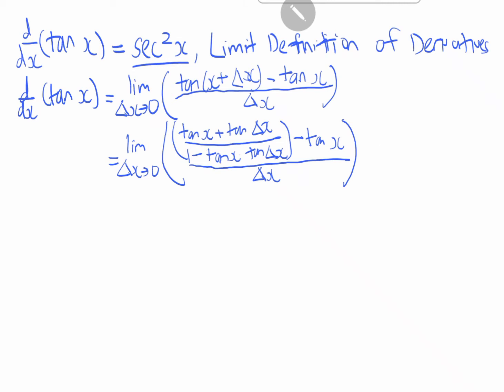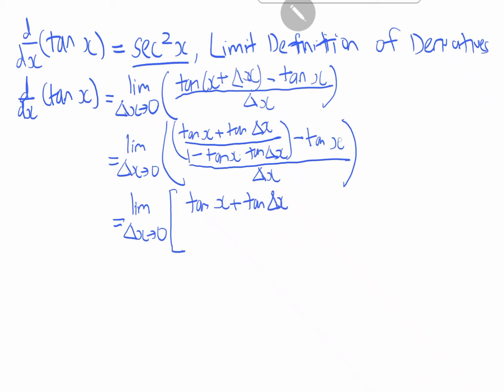So we can write it as, again, limit delta x goes to 0, tangent x plus tangent delta x. So for this tangent x, we can make it to a fraction of this.